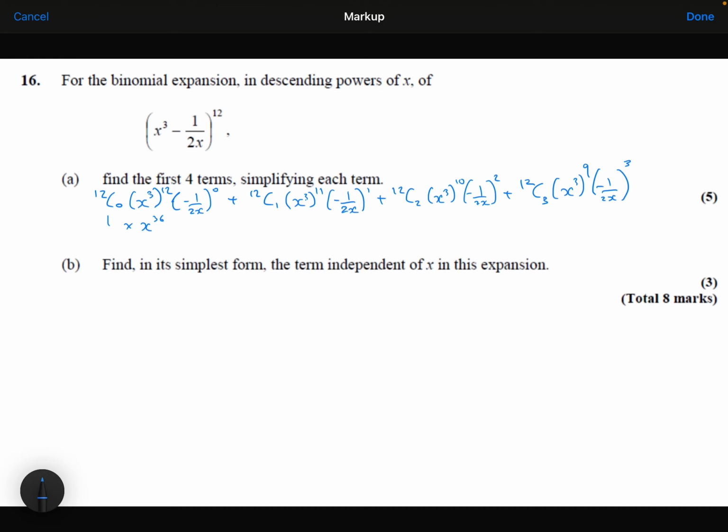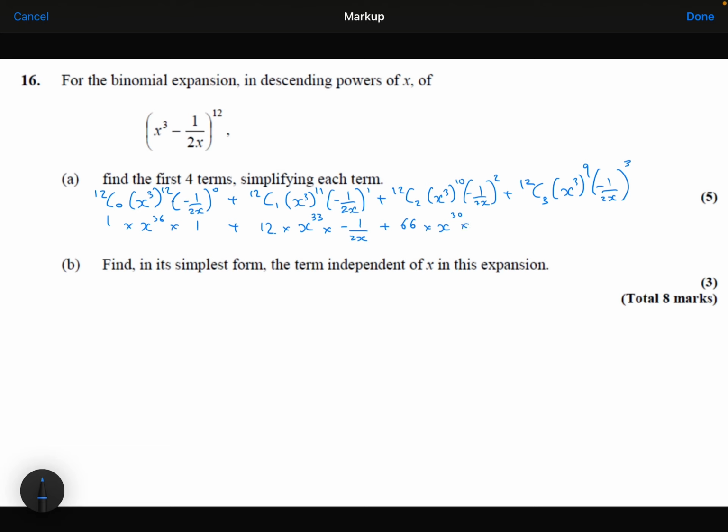(Minus 1 over 2x) to the power 0 is 1. 12c1 is 12. (x cubed) to the power 11 is x to the power 33, times (minus 1 over 2x) to the power 1, which is minus 1 over 2x. 12c2 is 66. (x cubed) to the power 10 is x to the power 30.